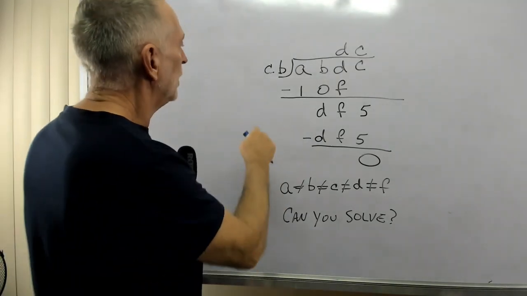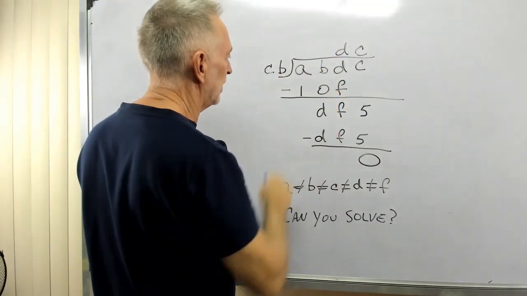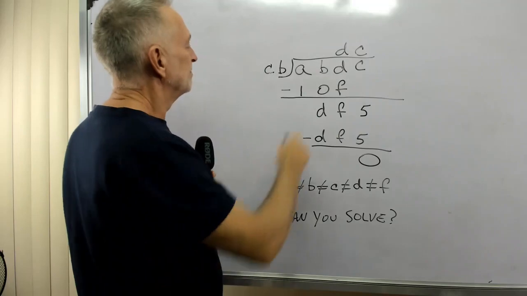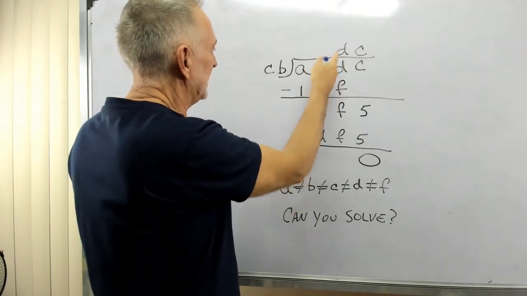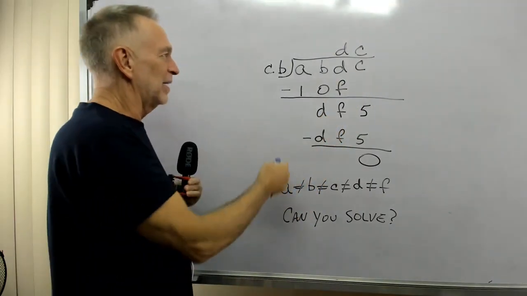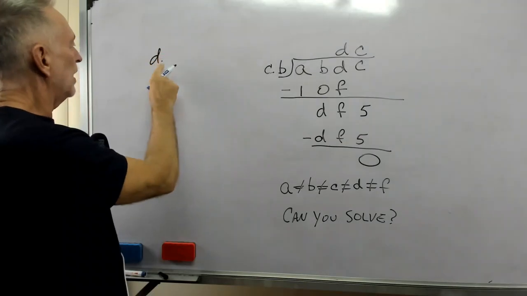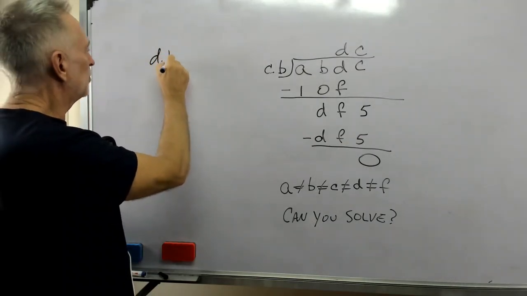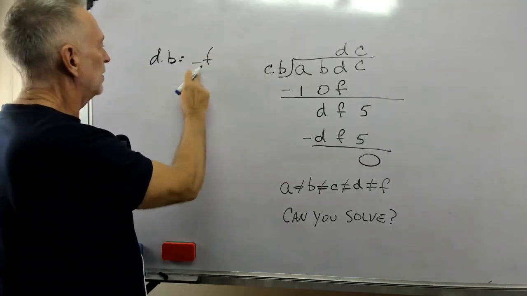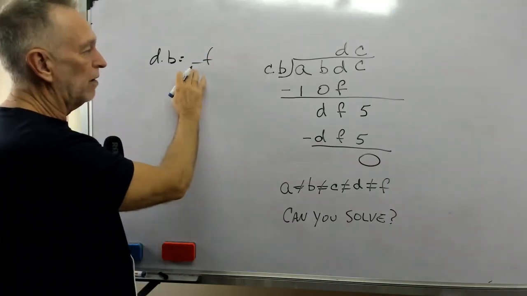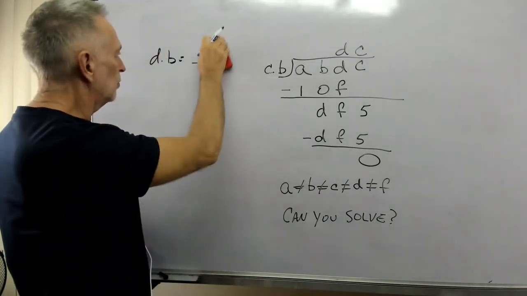All right. We have D times B equals F. Nothing fantastic about that, because we don't know D or B, or F for that matter. Now it could be that, and I'm going to just use a dot for multiplication. D times B equals F, it could be F with a carry, a 10. Could be 12, 14, 16. We just don't know what F is.